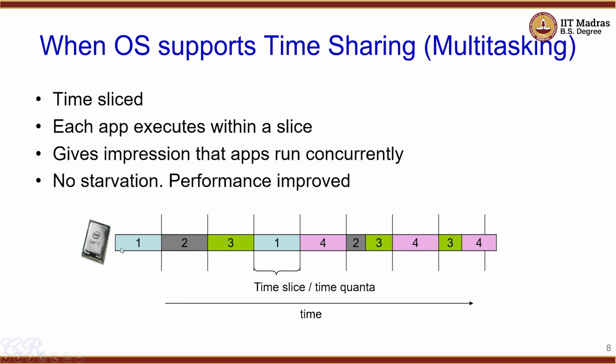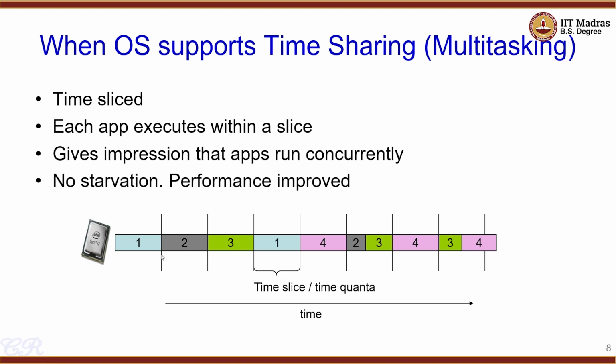Periodically you would have such time slices, and within a time slice the operating system would choose a particular application to execute. So we would have, let's say, application 1 executing on the processor, running instructions, and it continues to execute until it reaches the end of its time slice.